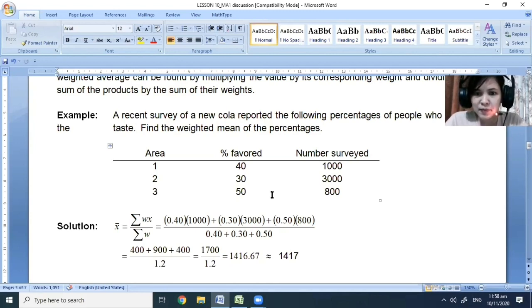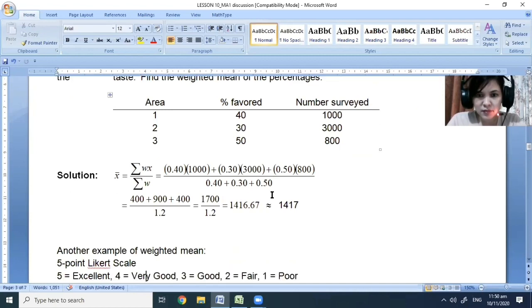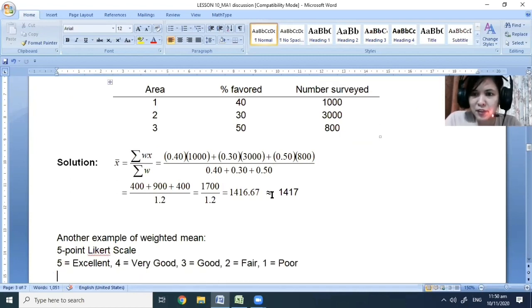Then plus 400 again, 1,700. Then, as we compute the weighted mean, here is our result. The formula is weighted mean is equal to the summation of weights times the number of respondents from each area divided by the sigma or total weights, the sum of all the rates.